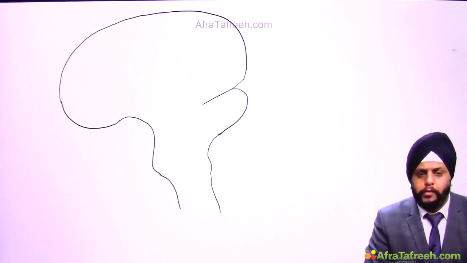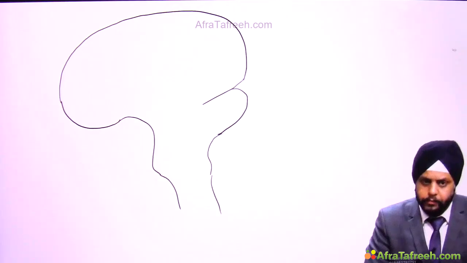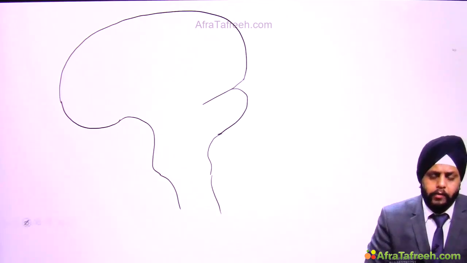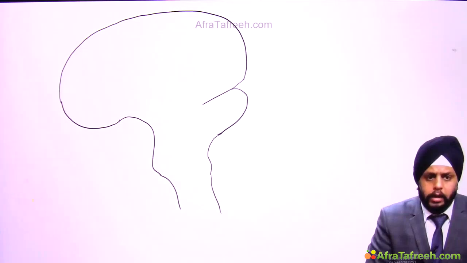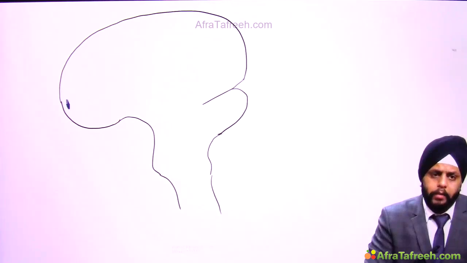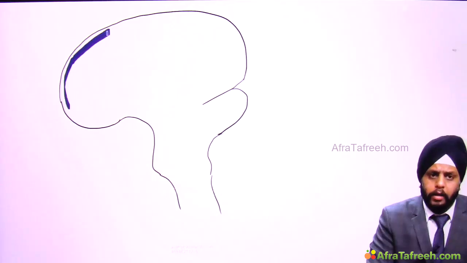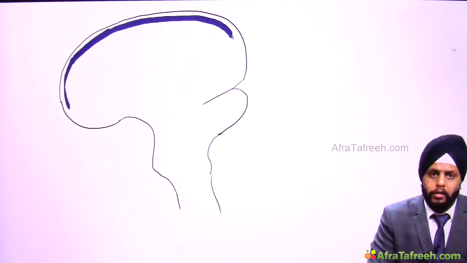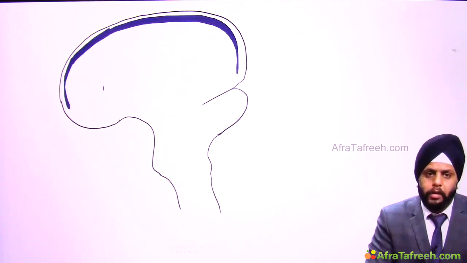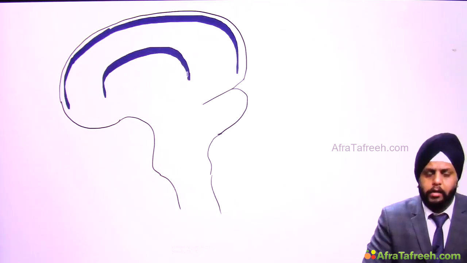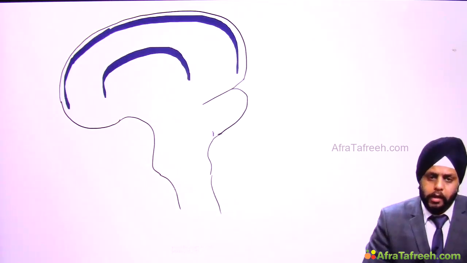You can see over here I've drawn the cerebrum and the cerebellum. We just saw that in the cerebrum, the dura of the two sides come and meet to form the falx cerebri, and we have over here the superior sagittal sinus. Similarly, we also have the inferior sagittal sinus. Here we have the occipital sinus.